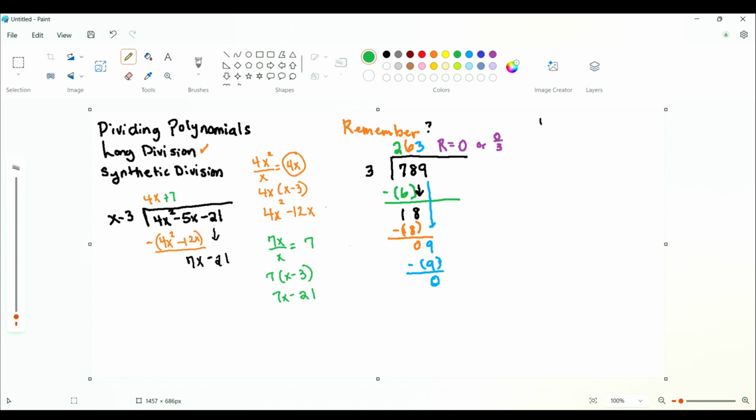I'm then going to subtract that value. Don't forget the parentheses. The remainder is 0, which you can write as a ratio of 0 divided by x minus 3.